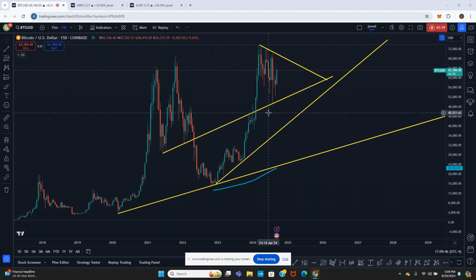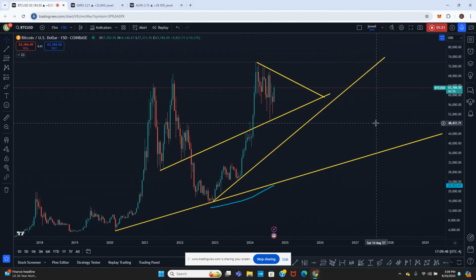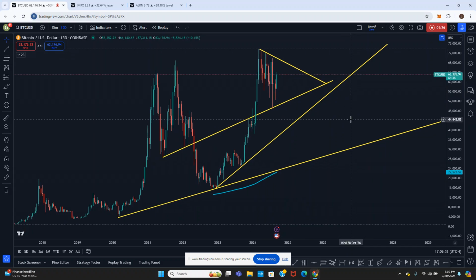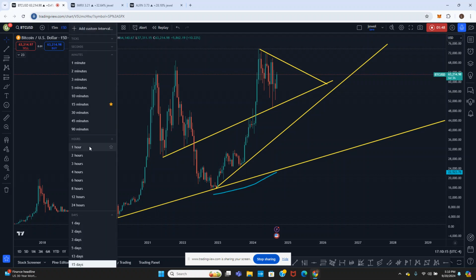But anyways, let's get to the charts, right? That's why you guys are here. First of all, we're looking at Bitcoin. We always start out with Bitcoin. We're the king of crypto over here, so we're going to start off with Bitcoin, and then I'm going to move into some actual stock charts, which I know I've done mostly all crypto on here, but this time we're going to do crypto, we're going to do stocks, we're just going to do everything all the time.